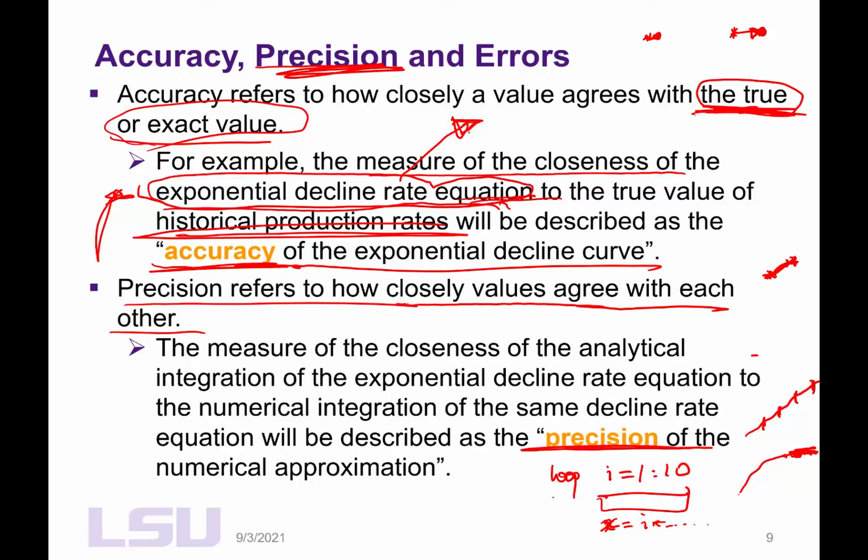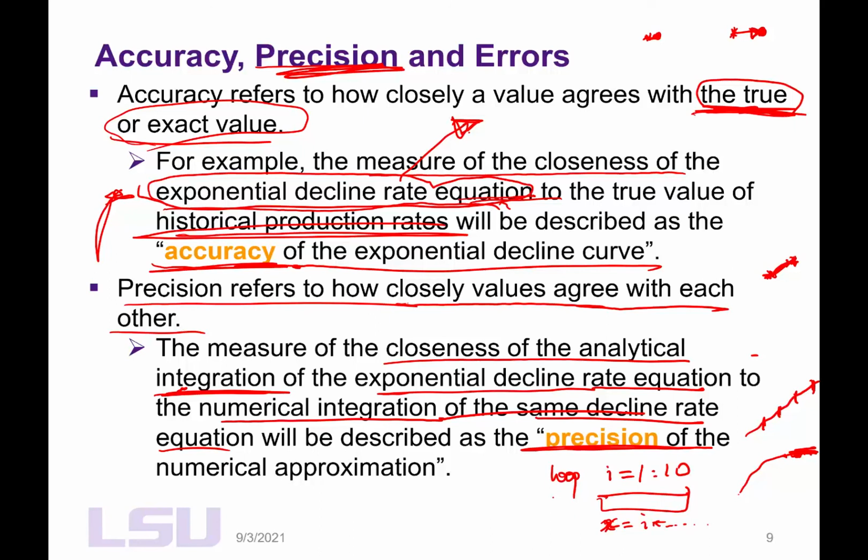So an example is given here. The measure of the closeness of the analytical integration of the exponential decline rate equation to the numerical integration of the same decline rate equation could be described as the precision.